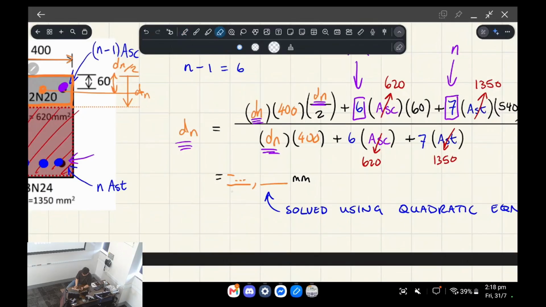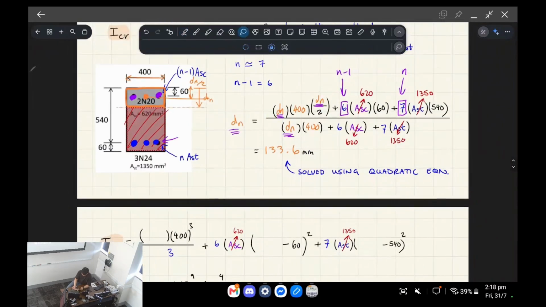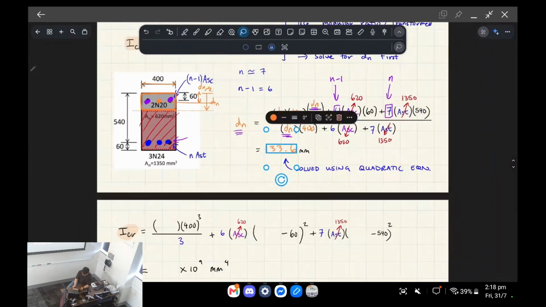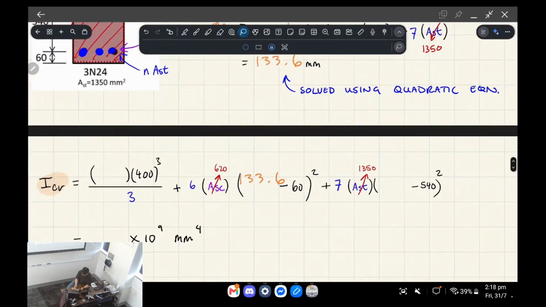You disregard the negative answer, and the positive one is the one we want. Then you do the same thing as before, and you use dn to help you calculate the stiffness, using parallel axis theorem shifting, keeping in mind that the tensile steel's modular ratio is n rather than n minus 1.